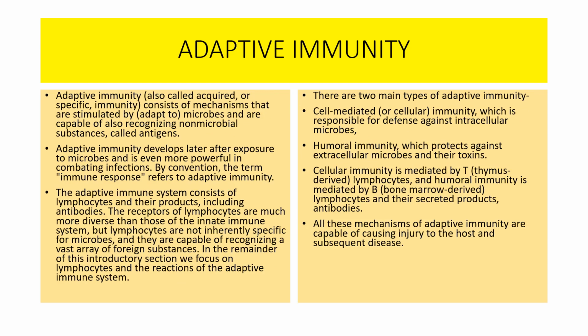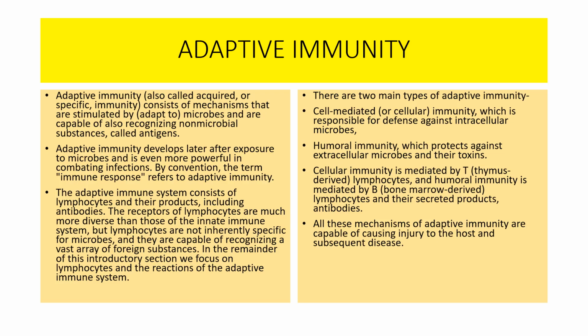Adaptive immunity, also known as acquired or specific immunity, consists of mechanisms that are stimulated by microbes and are capable of recognizing non-microbial substances also. Adaptive immunity develops later after exposure to microbes and is even more powerful in combating the infection. By convention, the term immune response refers to the adaptive immunity.